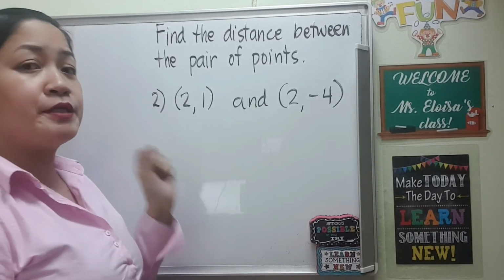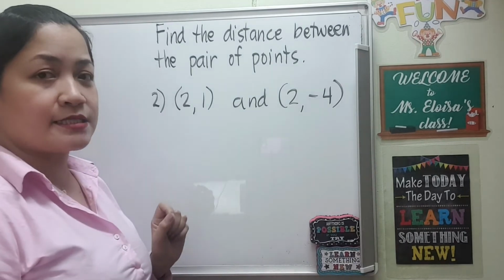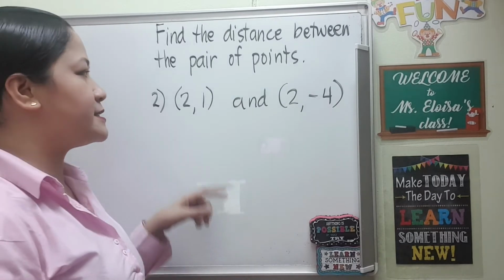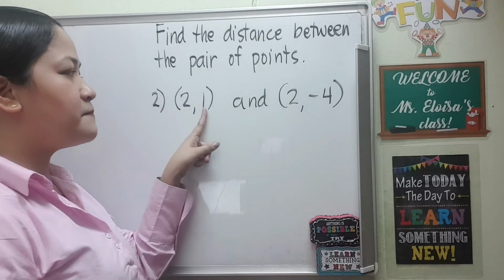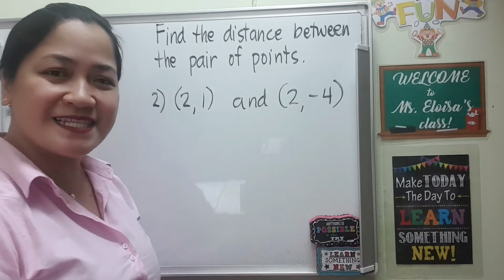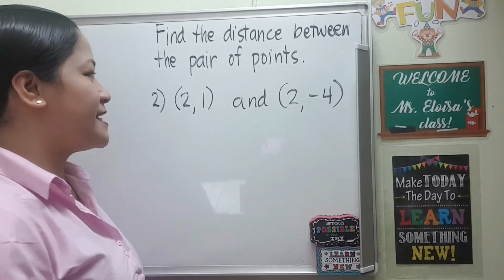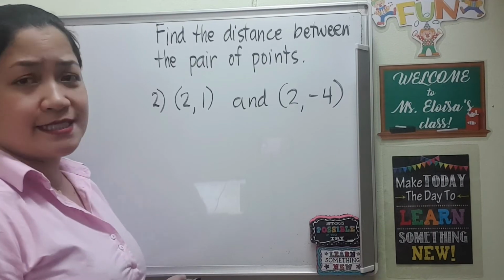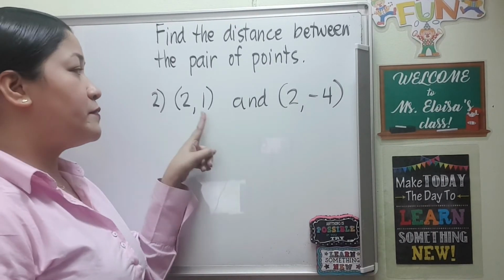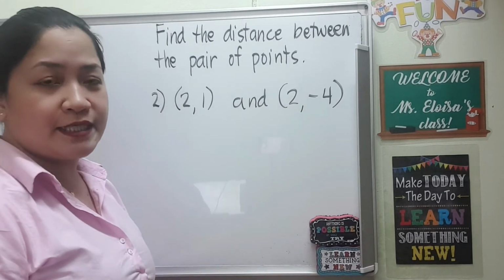Now, let us first look at their signs to determine if they are in the same quadrant or at different quadrants. So we have here positive, positive, positive, negative. That means they are on different quadrants. Now, which coordinates are the same? The x coordinates are the same, so we will be using the y coordinates for their distance.